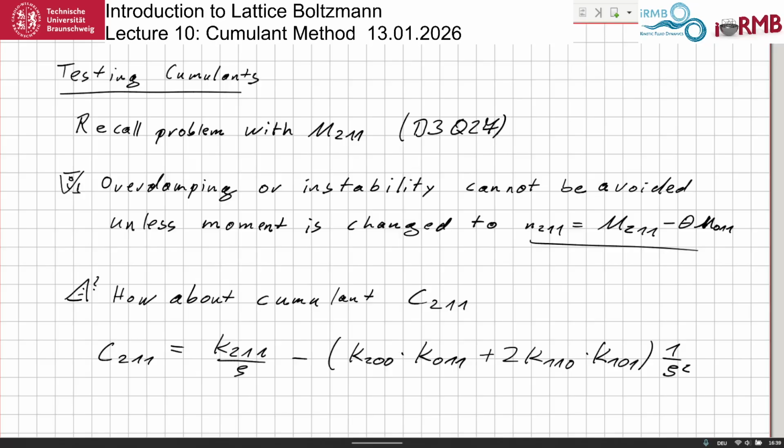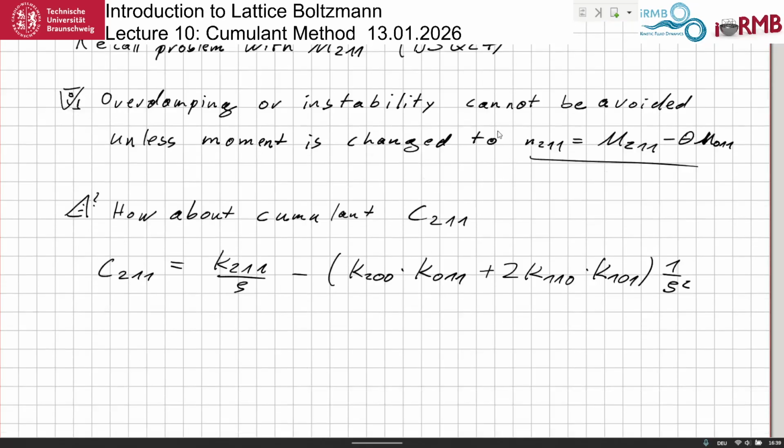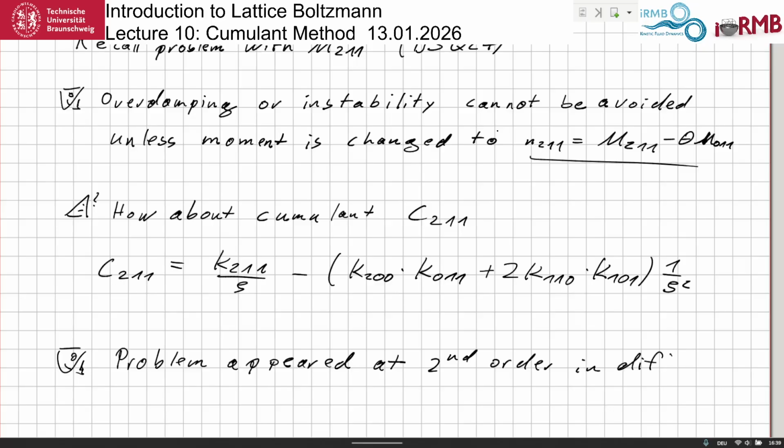This is a somewhat complex problem, so we'll simplify it to the order we were caring about, and we were caring about this problem up to second order, because this is where the problem occurred. So second order in diffusive scaling.